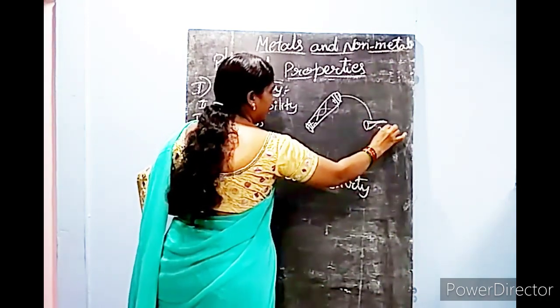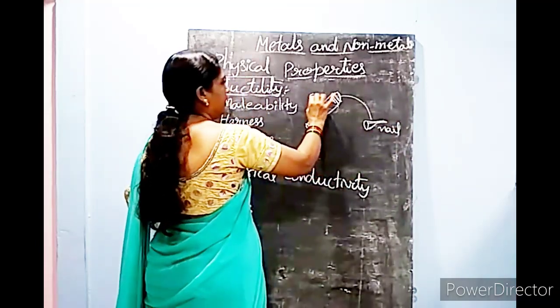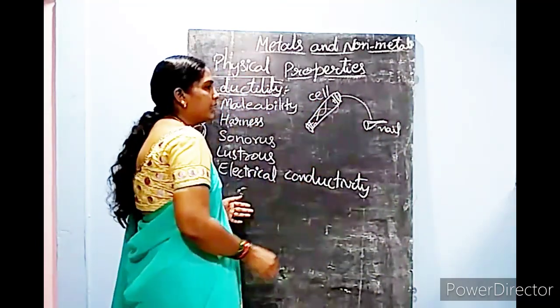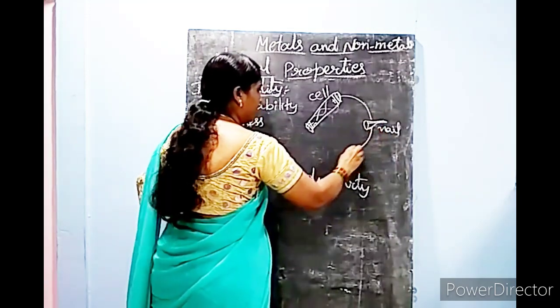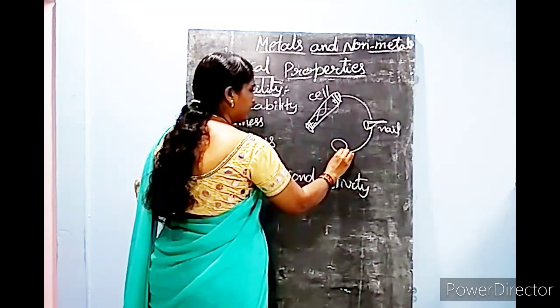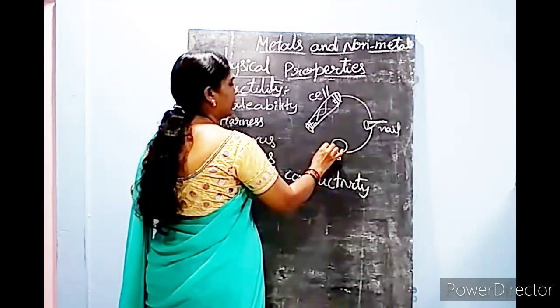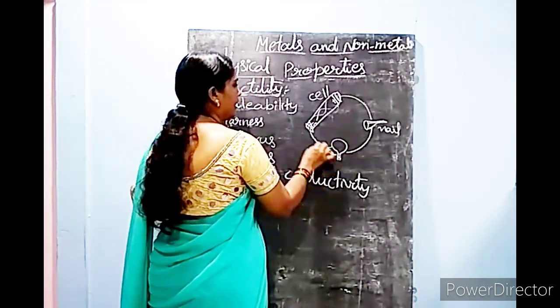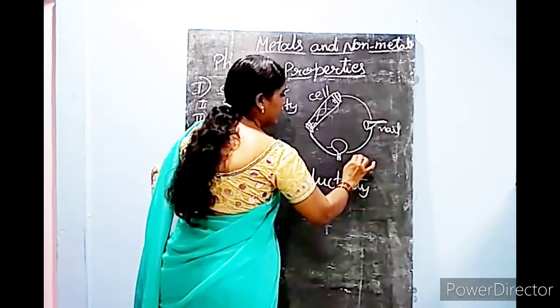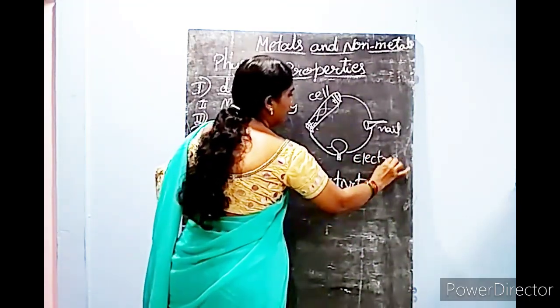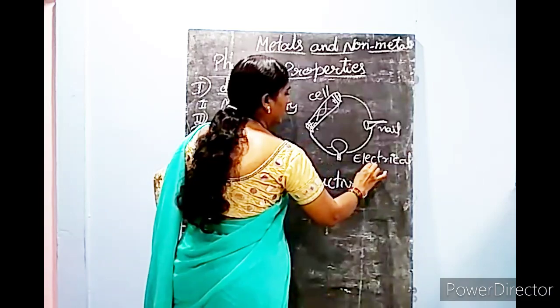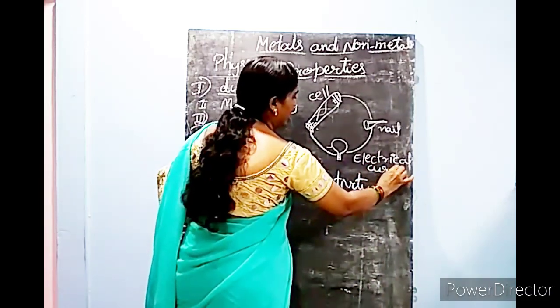The iron nail, you connect with a battery or a cell, and this nail you connect with a bulb. Connect with the bulb and give connection to the other end. Like this, you all made electrical circuits in lower classes.